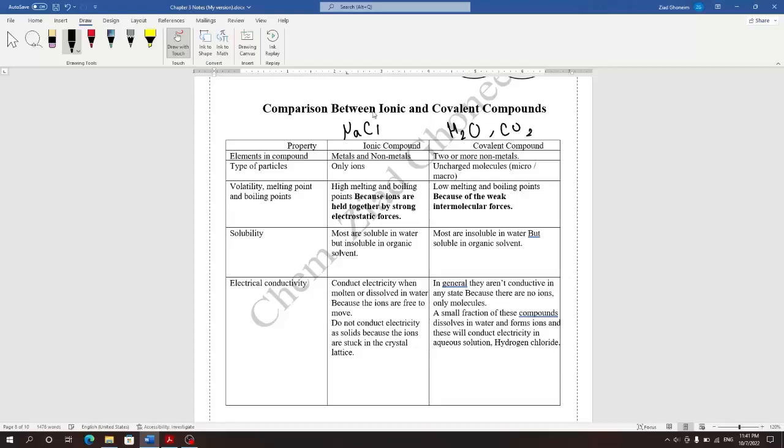Okay, the type of particles. Ionic compounds only have ions, all right? As we've mentioned before, ionic compounds are made of ions only, no molecules. We can't say that we have a molecule of NaCl. There is no such thing in chemistry.